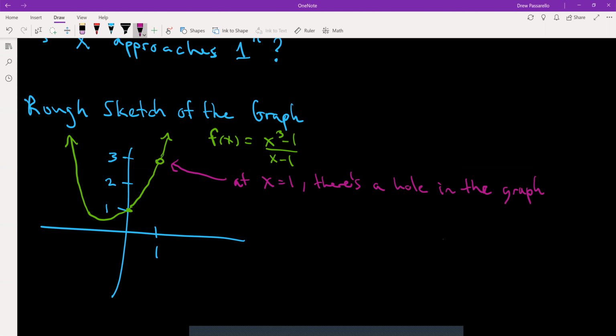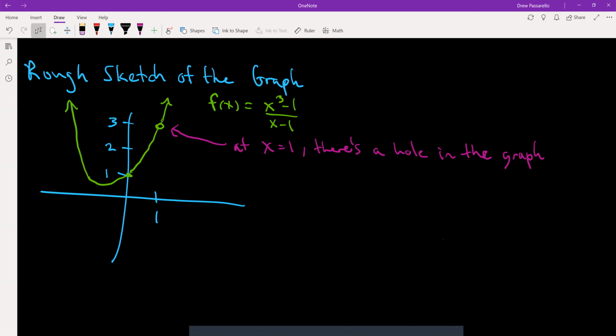Intuitively, it makes sense why there would be a hole. Essentially we're saying that the point, which would be 1, 3, doesn't exist.